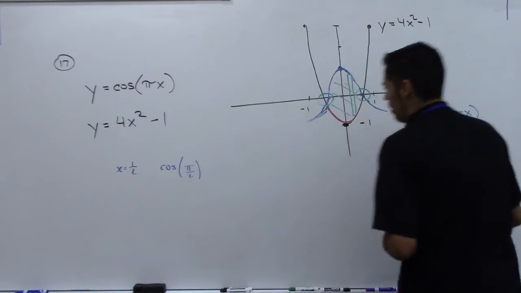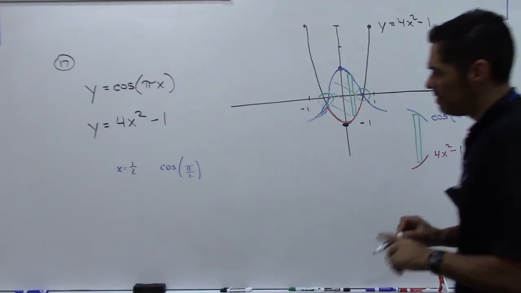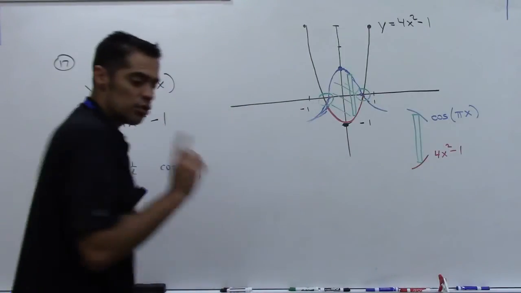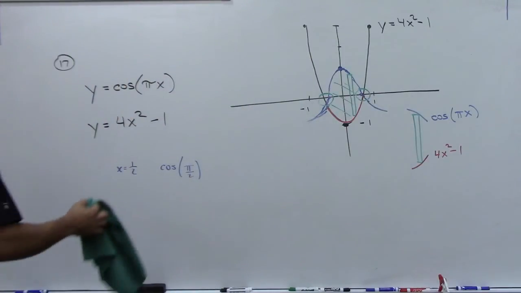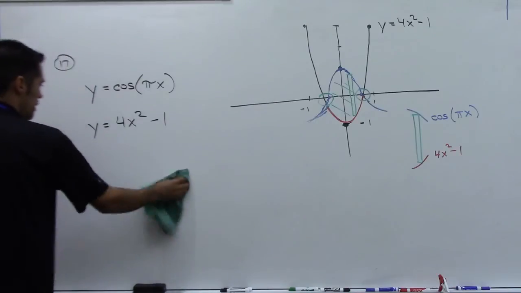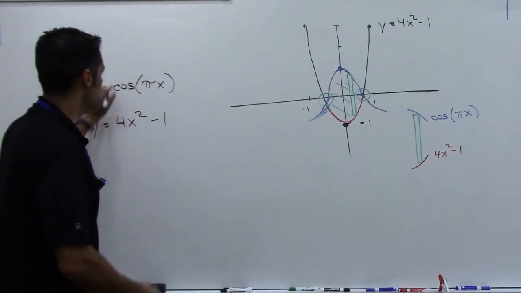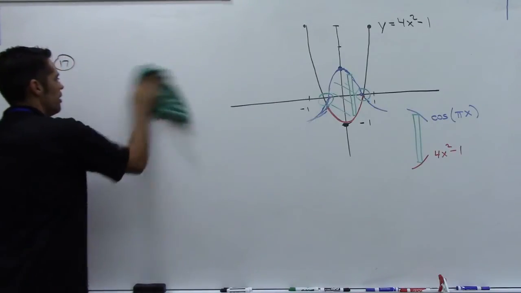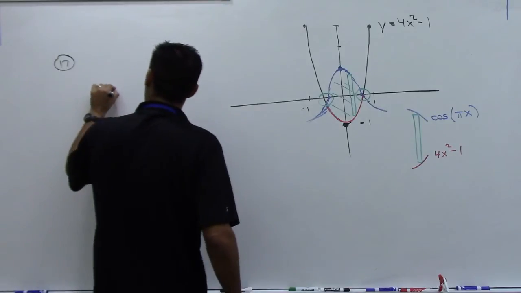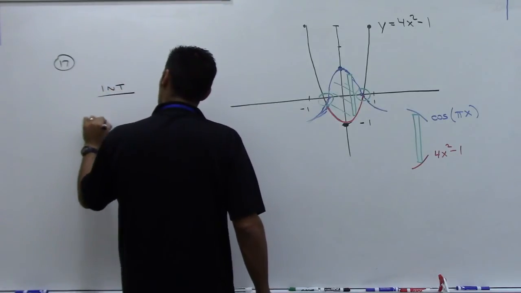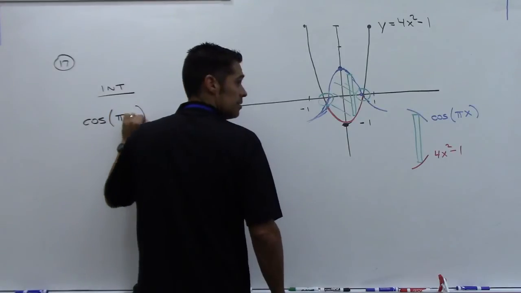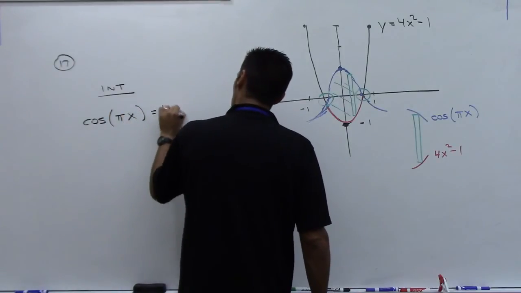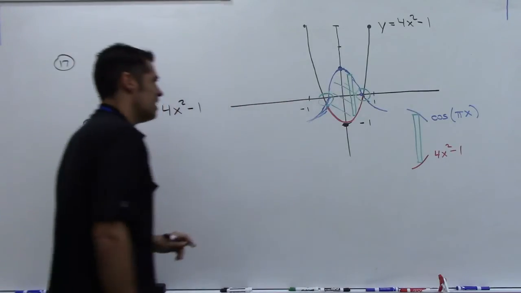I'm going to have to try and find the intersection points. And initially, it's going to look very intimidating, all right? Because check this out. If I find the intersection points, I set these two equal to each other. So for the intersection, I set cosine pi x equal to 4x squared minus 1.